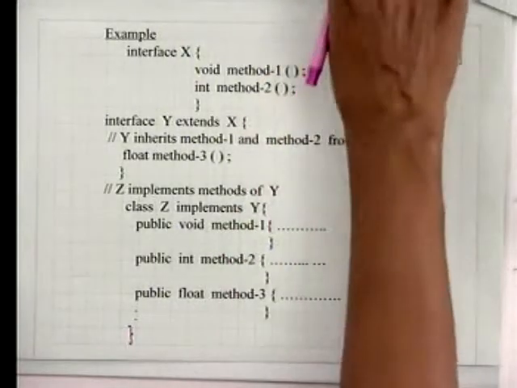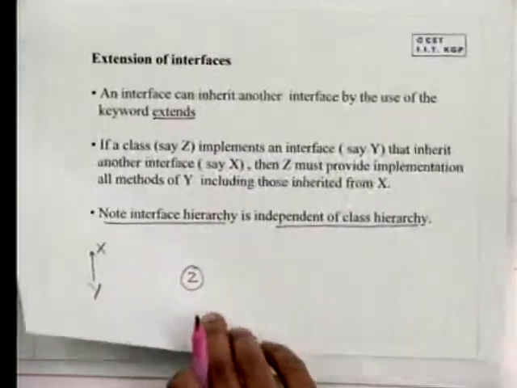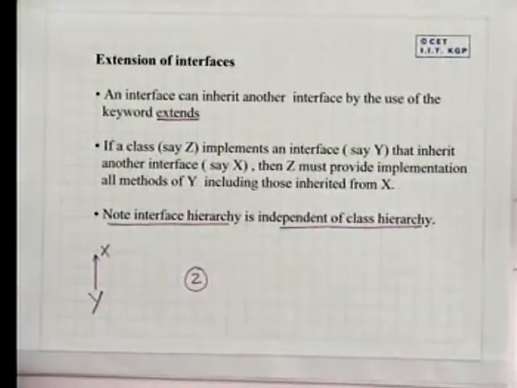So we can see, therefore, that like the class case, we can define a hierarchy of interfaces and then use classes to implement these interfaces. And again, the interface hierarchy is basically independent of the class hierarchy.